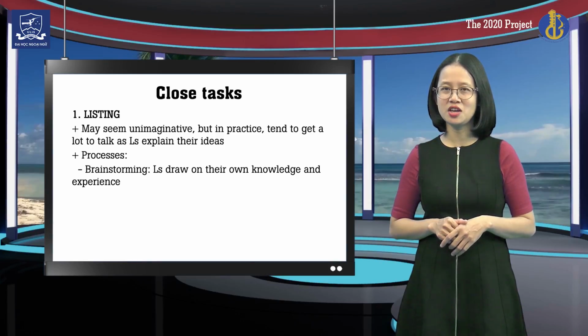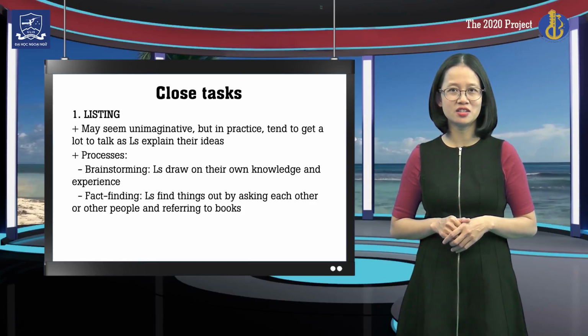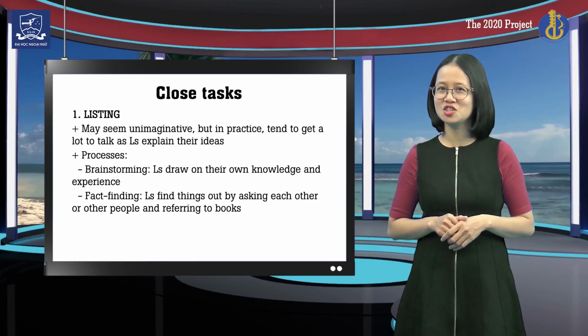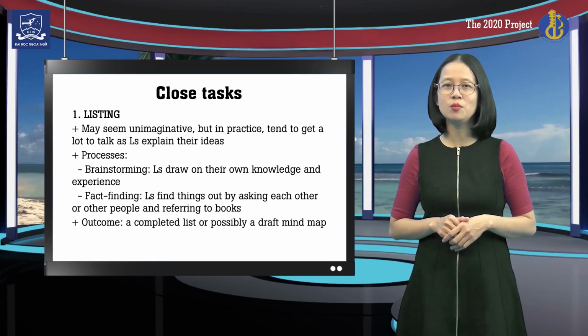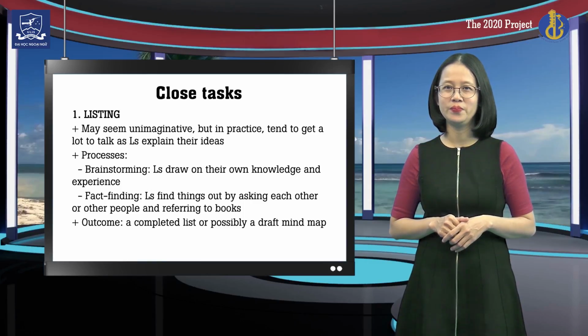Brainstorming is a process in which learners draw on their own knowledge and experience, either as a class or in pairs or groups. Fact-finding is a process in which learners find things out by asking each other or other people and referring to books. The outcome would be the completed list or possibly a draft mind map.